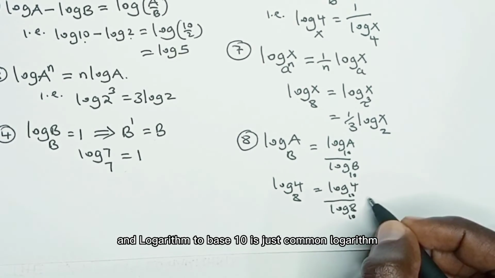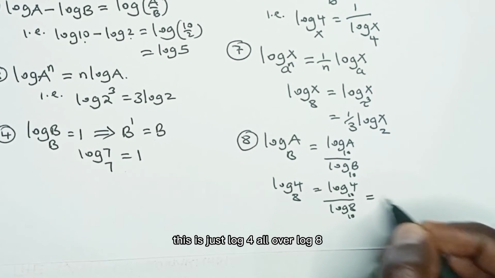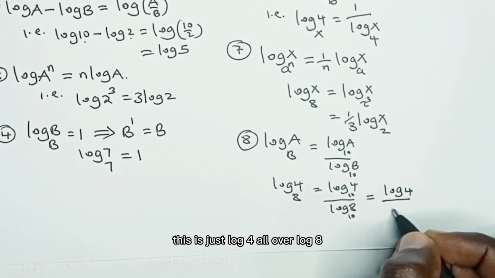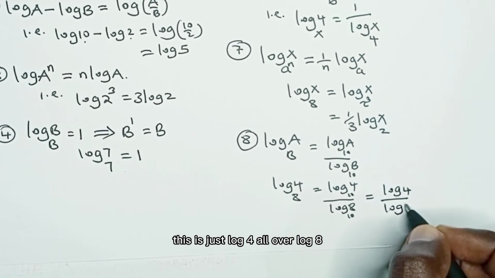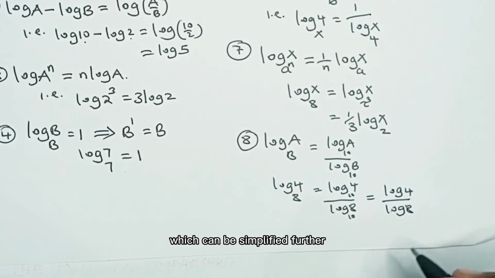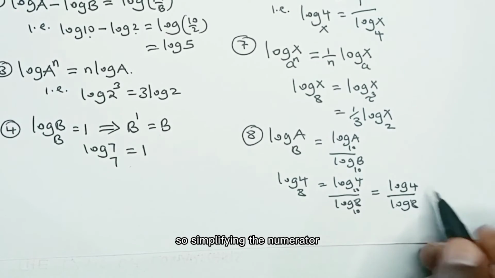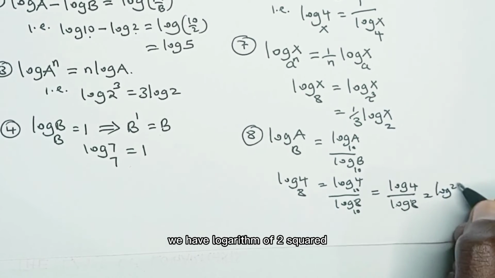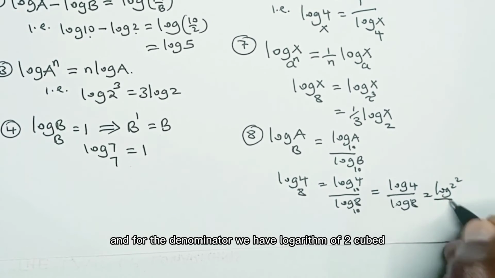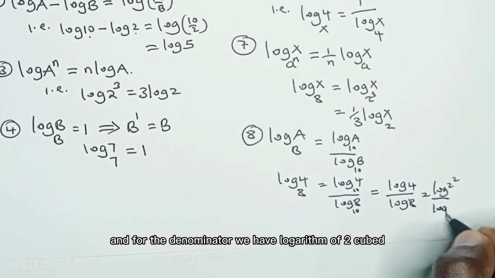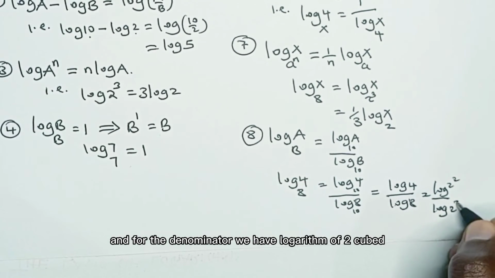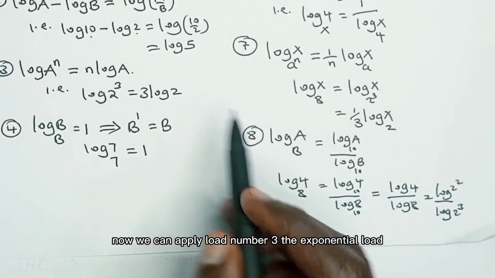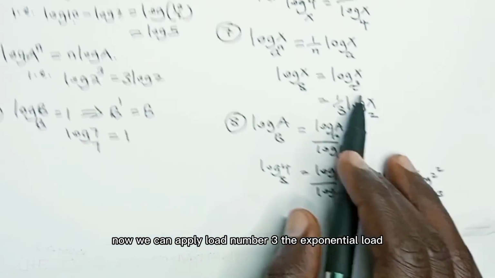And logarithm to base 10 is just common logarithm, so this is just log 4 all over log 8, which can be simplified further. So simplifying the numerator, we have logarithm of 2 squared, and for the denominator we have logarithm of 2 cubed. Now we can apply law number 3, the exponent law.